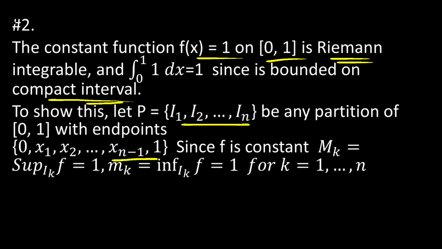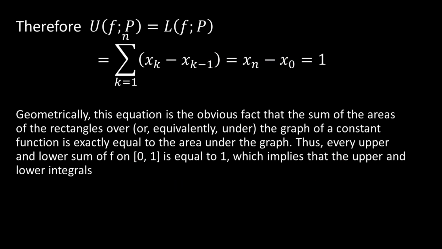Since f is a constant, the supremum in relation to this partition is 1, and the infimum is 1, for each k from 1 to n. That means the upper Riemann integral and the lower Riemann integral are the same, clearly equal to 1. So we see that a constant function is Riemann integrable.